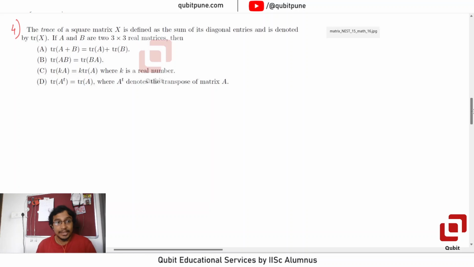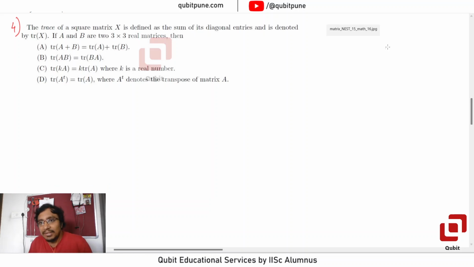हाँ, another interesting question. This is a multiple select question from nest 15.